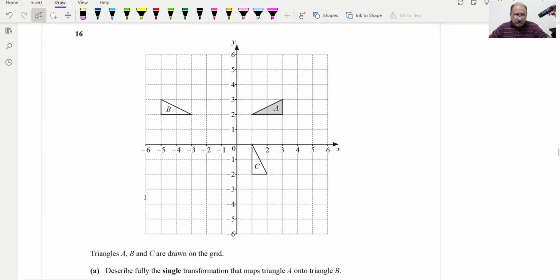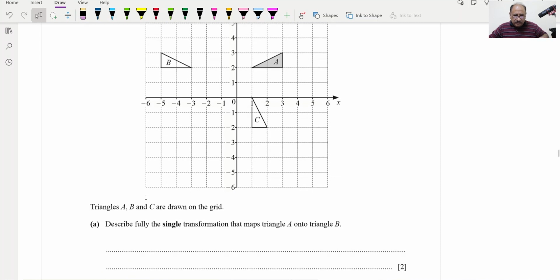Now question number 16. Triangles A, B, C are drawn on the grid. Describe a single transformation that maps triangle A onto triangle B. A onto B: we can see A and B are reflected, and the line of reflection is over here.